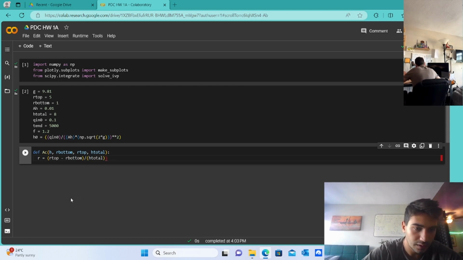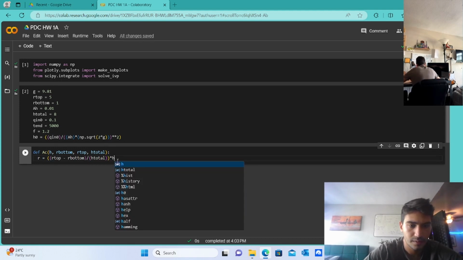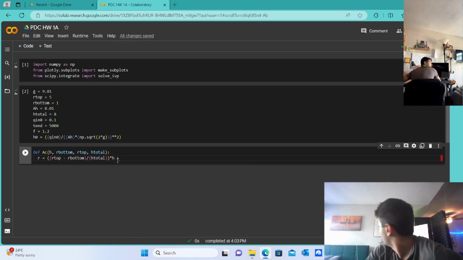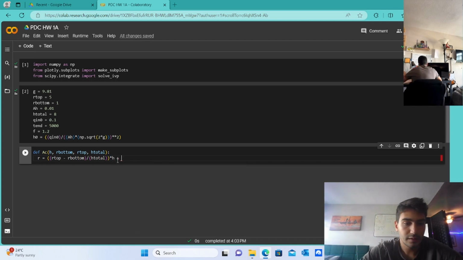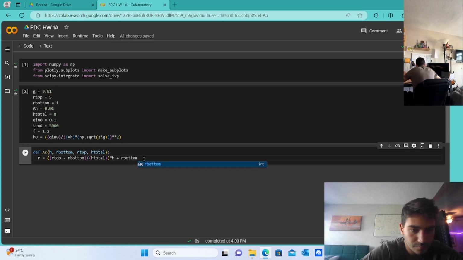And this whole thing is multiplied by the value of h, right? And then to that whole thing, we're going to add the intercept, which is our bottom, right? Make sure this is all good.